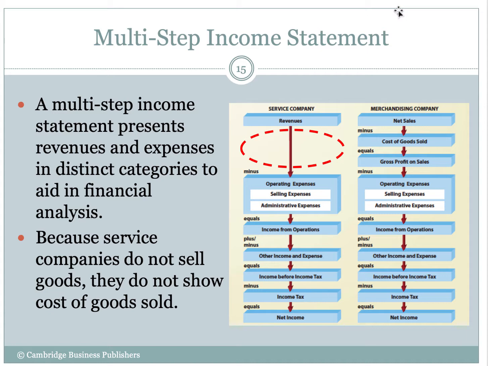The merchandising company, on the other hand, does have cost of goods sold, so we end up with a gross profit from a merchandising company. So what exactly is gross profit? Well, it's net sales minus cost of goods sold equals gross profit. So that's pretty important. That's definitely something you're going to want to know, right?